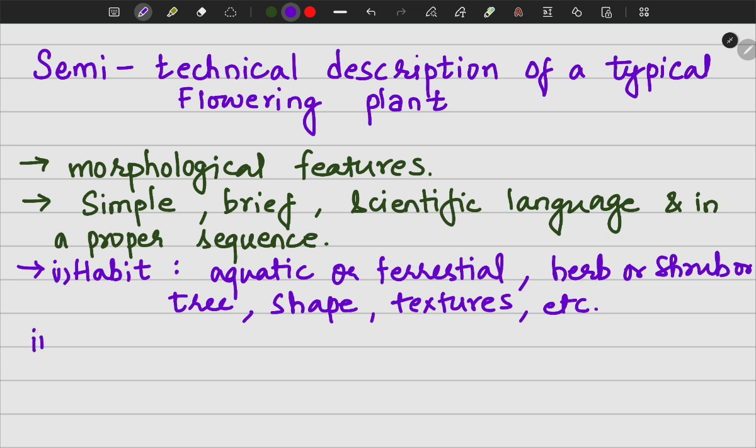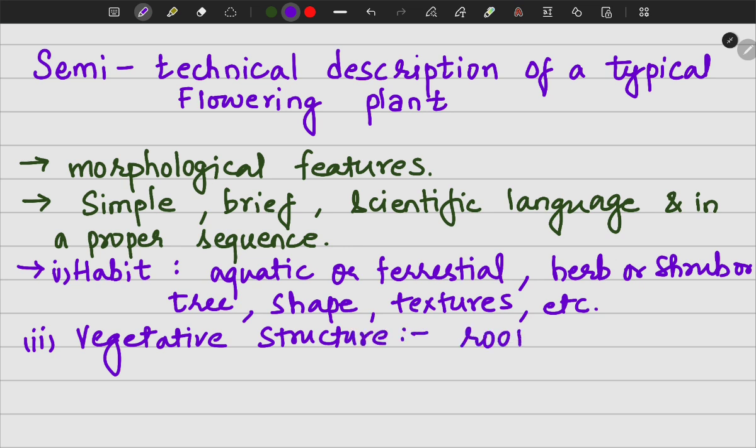Then we come to the vegetative structures of the plant. What are vegetative structures? They are root, stem, and leaves.